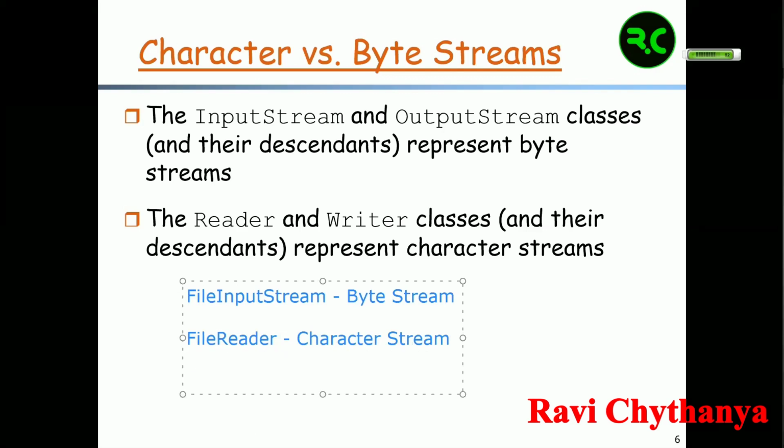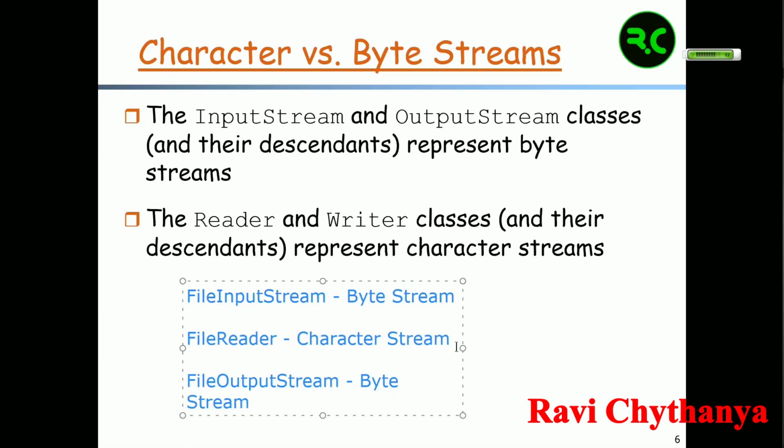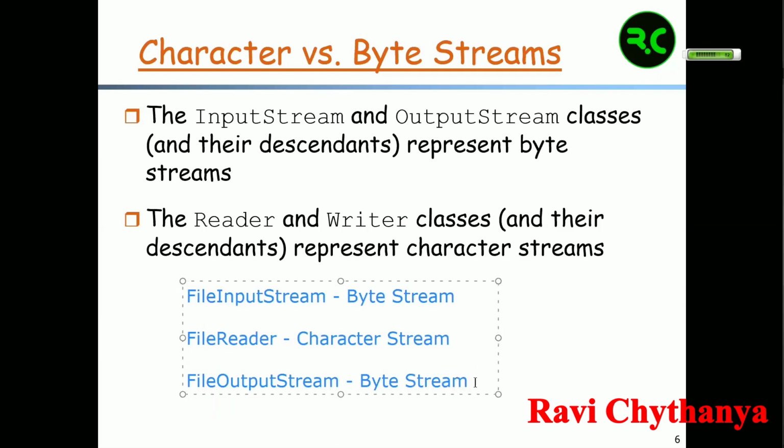When I'm going to have file output stream, this belongs to the byte stream. And when I'm going to have the file writer, this belongs to the character stream.